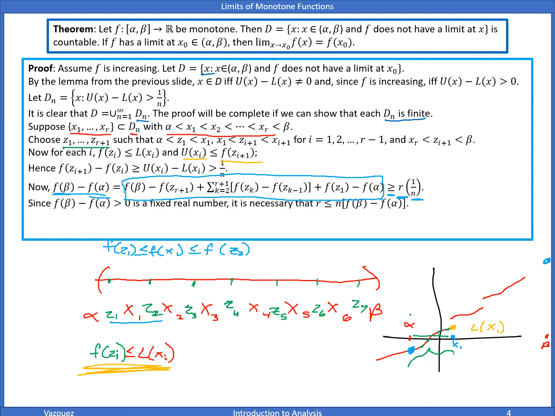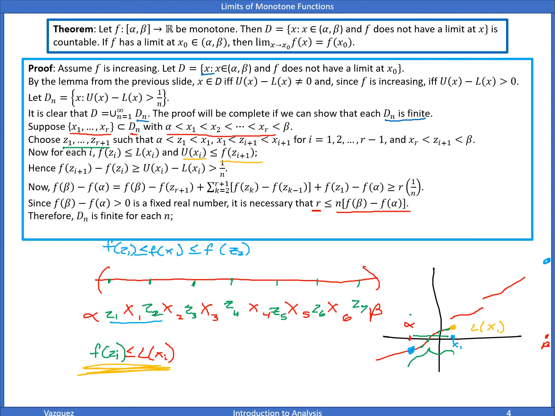And since this is definitely a real number, right? A function can only increase so much in a closed interval. It's a fixed real number. Well then, let me erase here. R, there's only so many of those, and that has to be less than n times f of beta minus f of alpha.